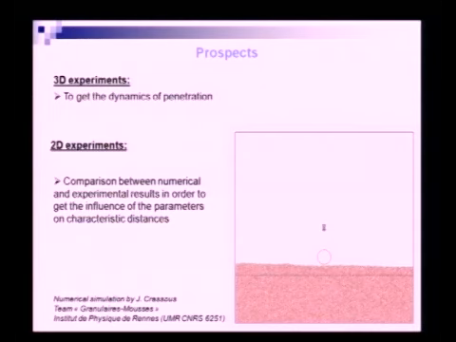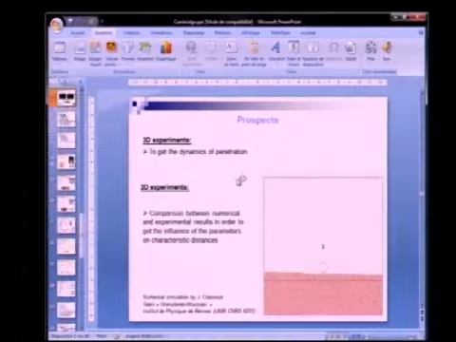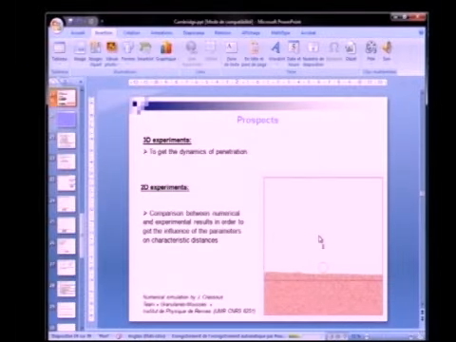So now, what we plan to do in 3D experiments is to get the dynamics of penetration in 3 dimensions, and then in 2D experiments, in order to get the variation of the characteristic lengths with parameters, we're going to use a numerical simulation.